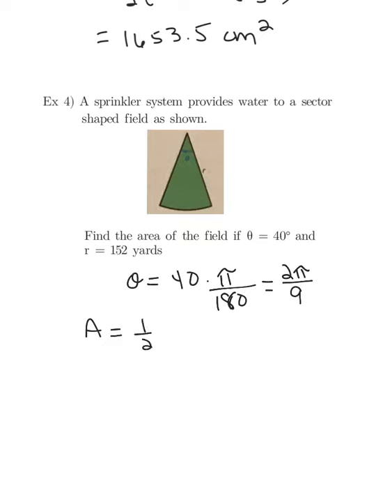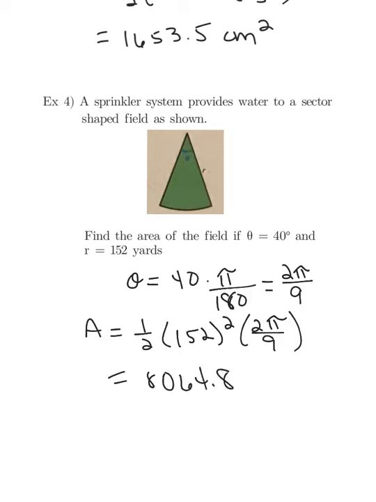It's 1/2 times the radius squared times the angle measure, 2 pi over 9. Put all that into your calculator and multiply. You should get 8,064.8. We are measuring in yards and area is squared.